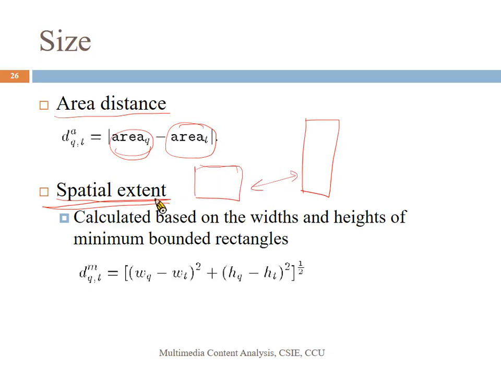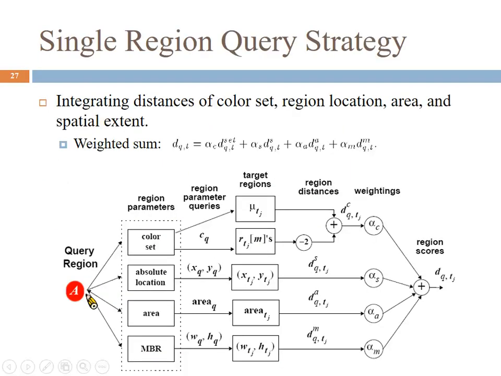So the spatial extent is defined like this: we calculate the distance between widths and the distance between heights, sum them together and take the square root. So this is the spatial extent distance. We have now introduced all the similarity measures from different perspectives.